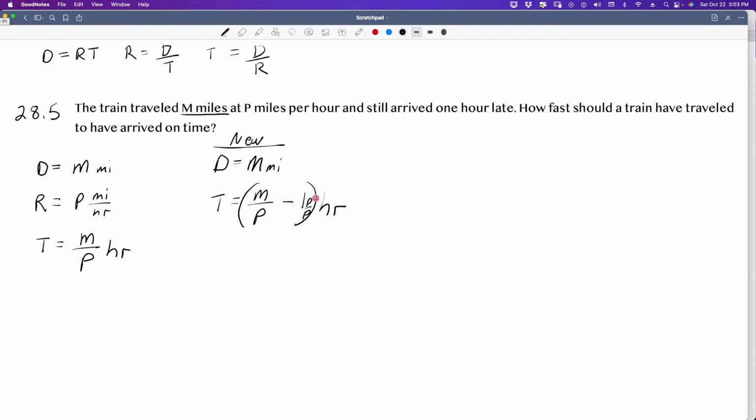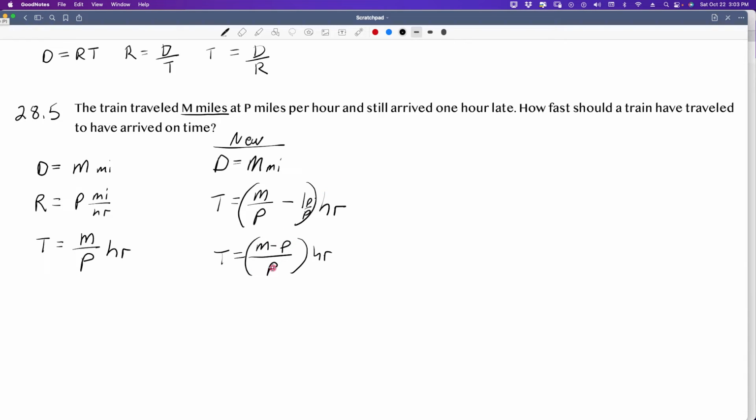So then what happens is this p becomes p over p. So then the time is equal to m minus p over p, because they both have the same denominator now. We can put them in one fraction, and that's in hours. So now this is just a little bit more succinct.